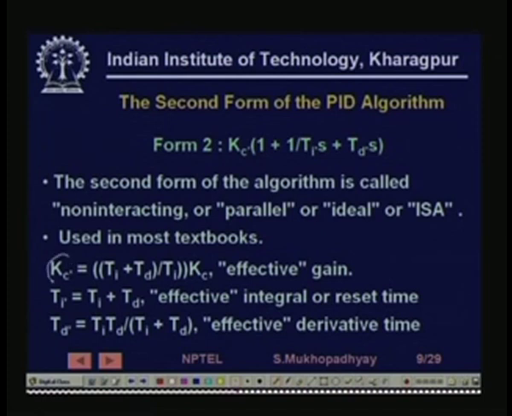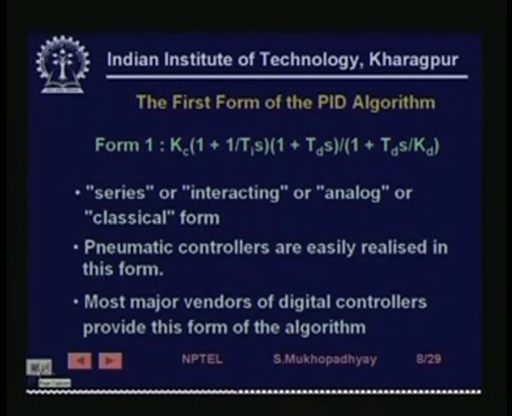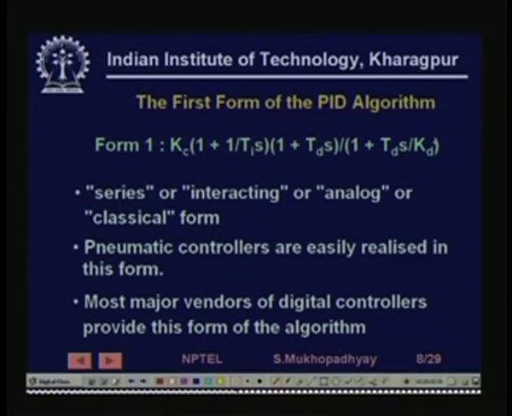Kc dashed, there is a catch. That catch is that if Kd is high, that is, that factor 1 plus, let me just go back, this particular factor, if you ignore it, then it turns out that you can match the gains.